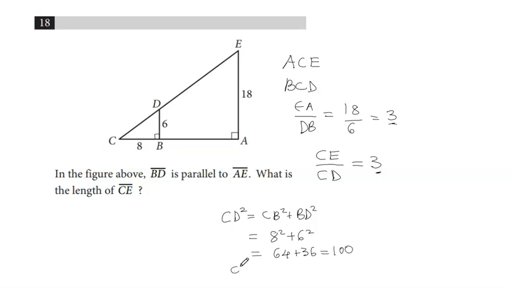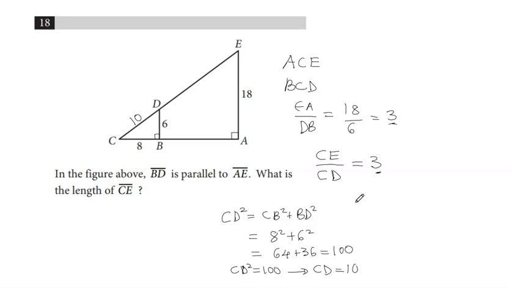So CD squared is equal to 100, which means CD is equal to what? 10, because 10 squared is going to be 100. So this little length here is 10, according to the diagram.